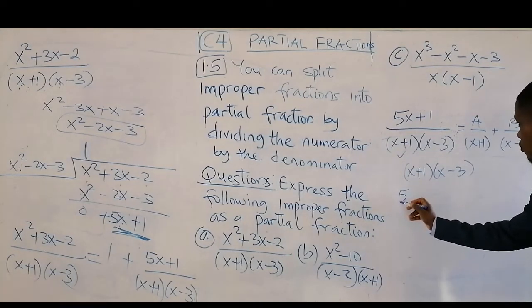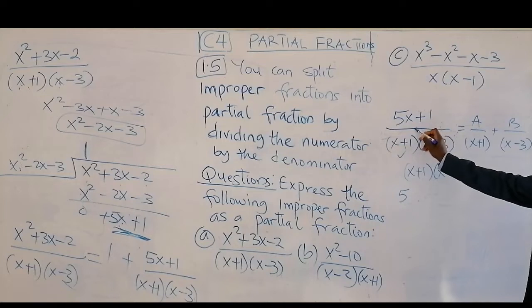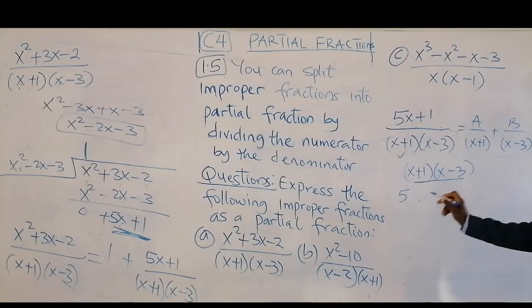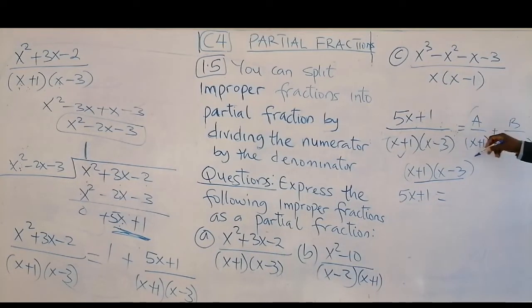The numerator on the left equals A times x minus 3, plus B times x plus 1.